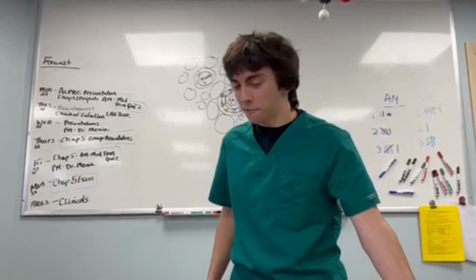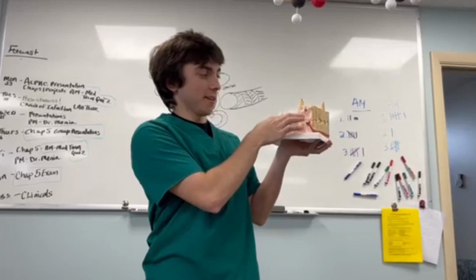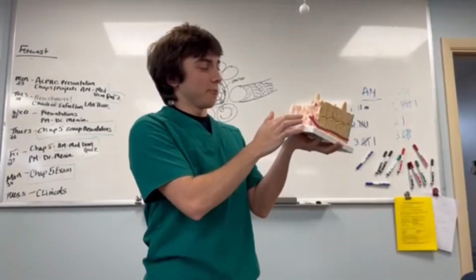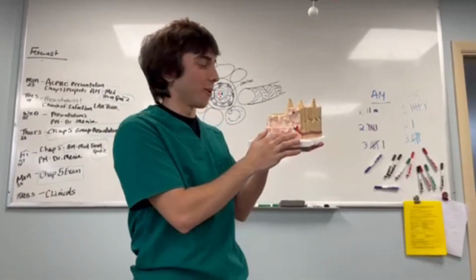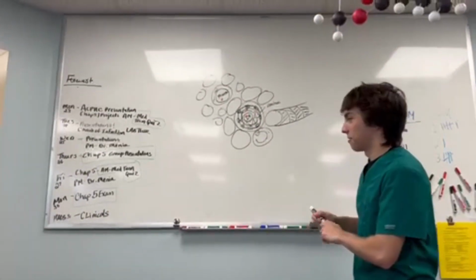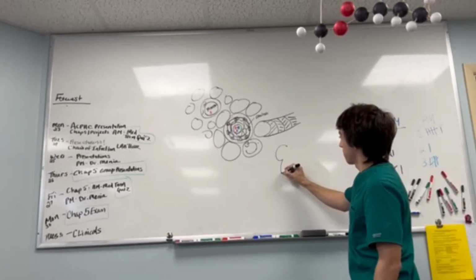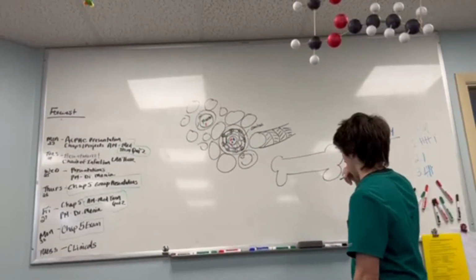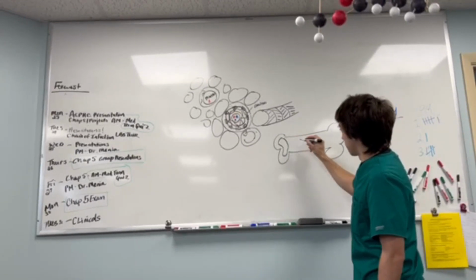So as I said earlier, we have two main types of bone. We've got compact, which you can kind of see right here. It's not super perfect. And then we have spongy. Spongy is where you would find a lot of the marrow in a bone. This is typically the epiphyses of a long bone. To show it better, let's do a cross section. So, a long bone. That's really proportionate. At the ends here, you would have spongy bone that runs like this.